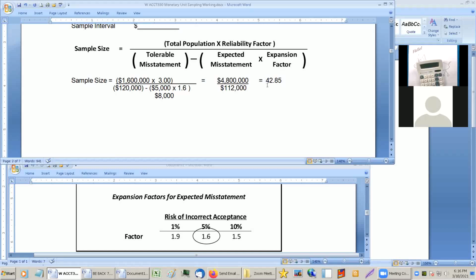However, I would say always round it up, just because part of the reason we're doing this is that if you go into court, you want to say, if there's a problem, we did our work. And you don't want to have to go in there and say we rounded down on something. So I would just say always round it up. But the true formula is you round it to the nearest whole number. So in this case, it'll be 43.